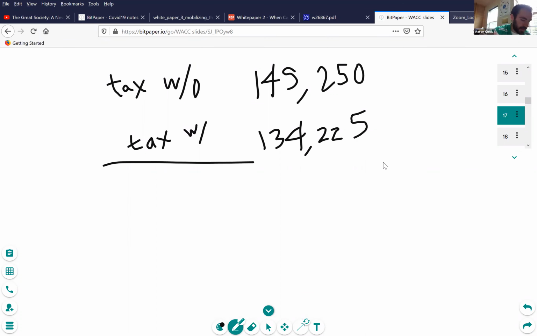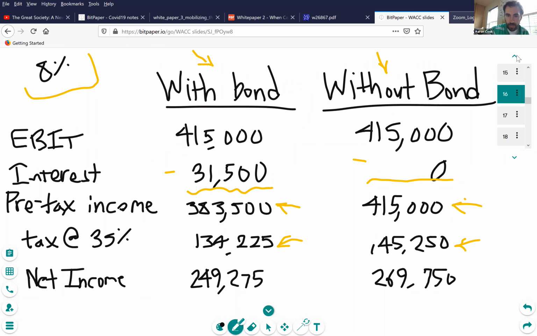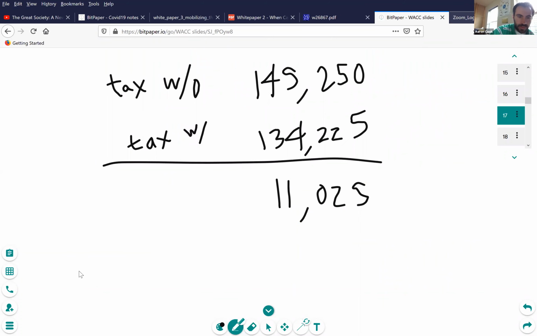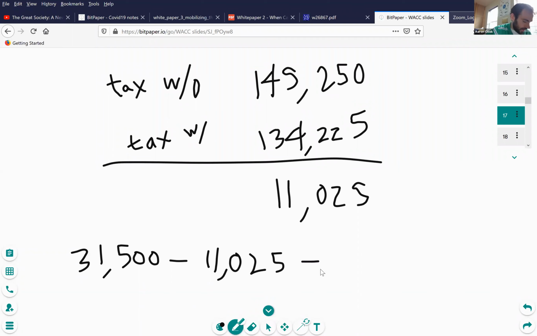All right, so then the taxes saved ended up being 11,025. Now we had interest payments was 31,500. 31,500 was our interest payments. So if we think about our interest payments minus our tax savings, the effective interest then we're paying, or the interest net of our tax savings, is 20,475.